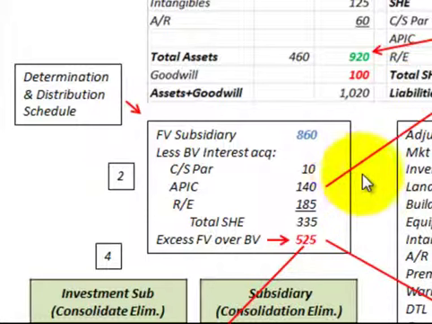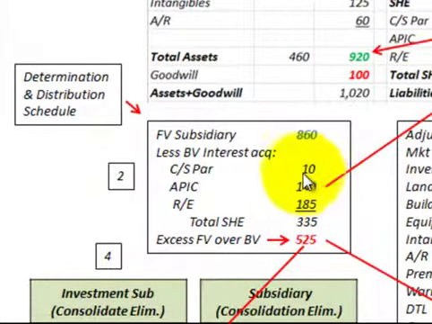For example, here we're going to be looking at a 100% acquisition where Corporation A, the parent corporation, buys Corporation B, the subsidiary. Looking at our distribution schedule, we have to determine the fair value of the subsidiary, and then we also have to determine the book value of the interest acquired, and that's based on the total shareholders' equity that Corporation B has on its books.